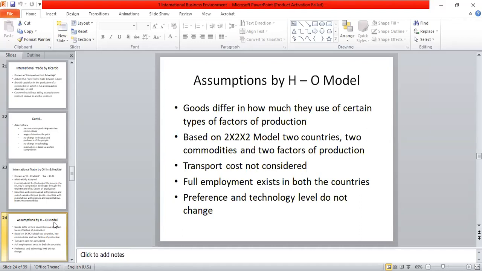Another assumption: full employment exists in both countries. So there is no unemployment; everyone is employed. Why has he quoted this assumption?